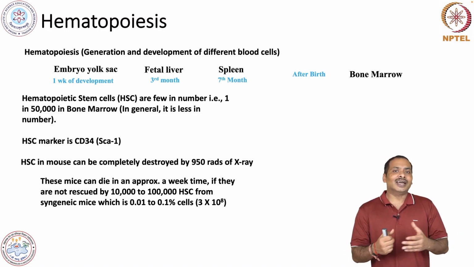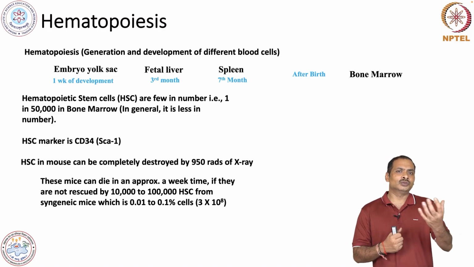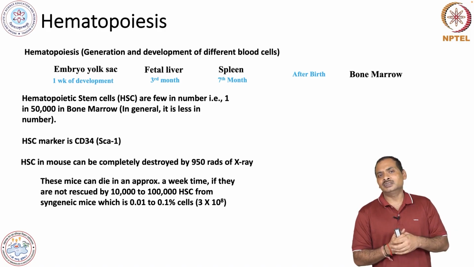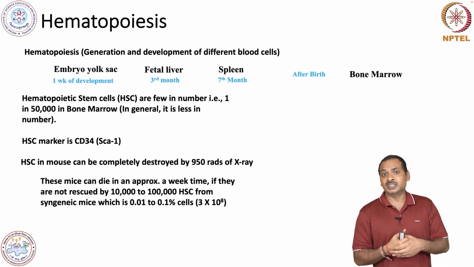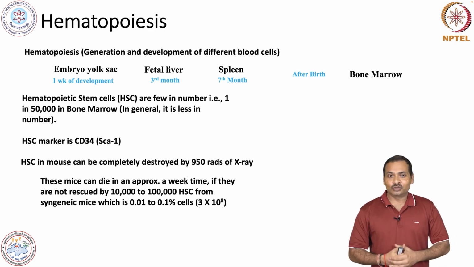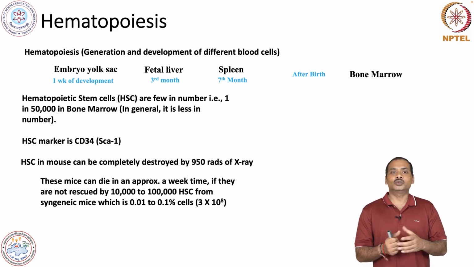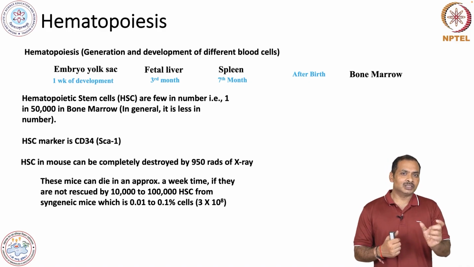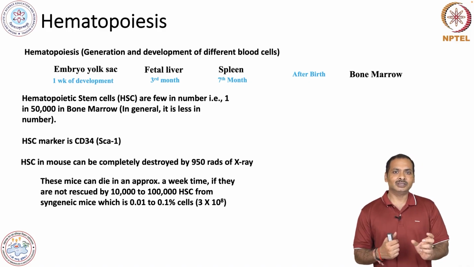So in that scenario, if you take some cells from one mouse and put them in another mouse, then there will be no reaction. These cells will be taken up by the recipient mouse. Okay. But this is not true for humans, right. We are outbred. Okay. So syngeneic mice are, in simple terms, inbred mice. Okay.